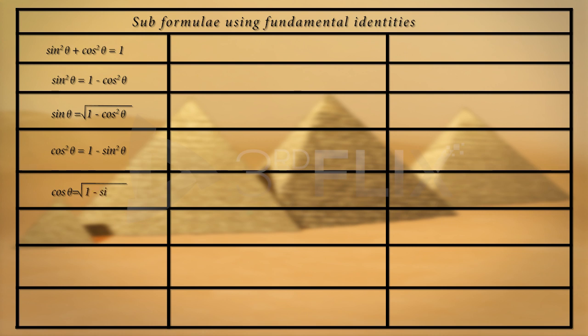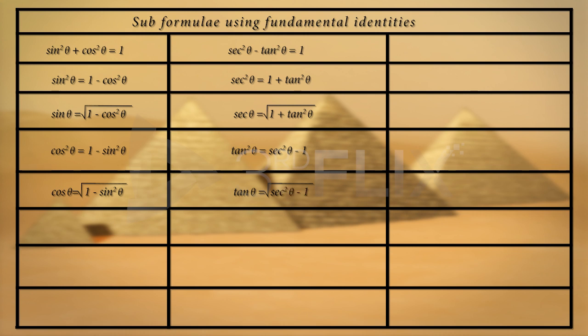Sec square theta minus tan square theta equals 1. Sec square theta equals 1 plus tan square theta. Sec theta equals square root of 1 plus tan square theta. Tan square theta equals sec square theta minus 1. Tan theta equals square root of sec square theta minus 1.